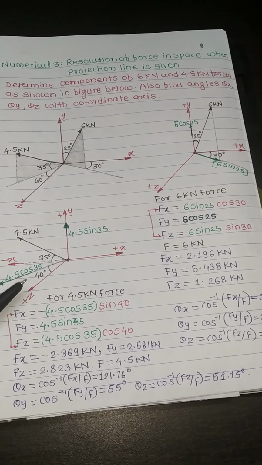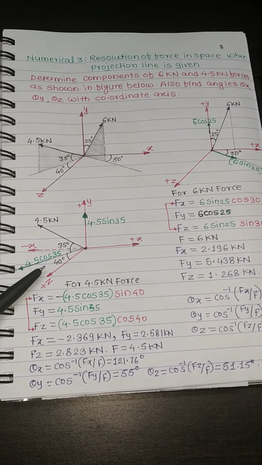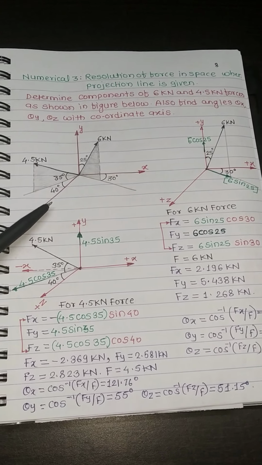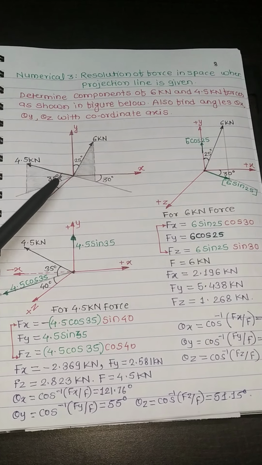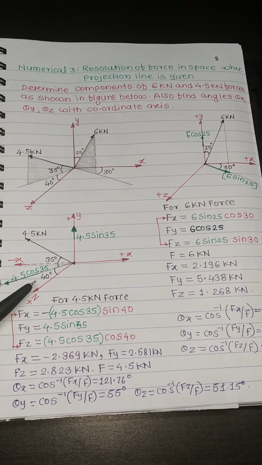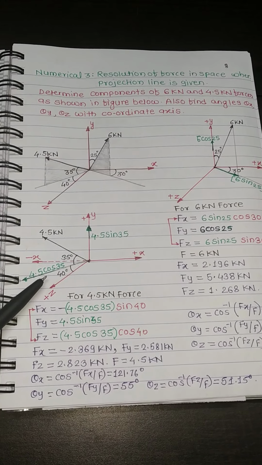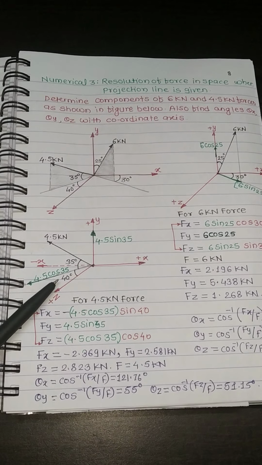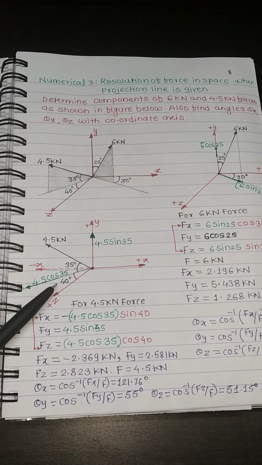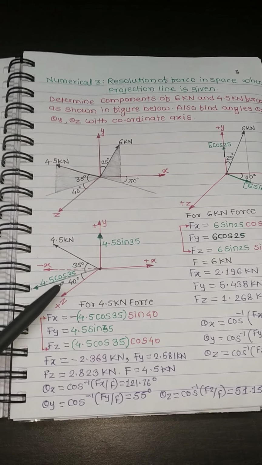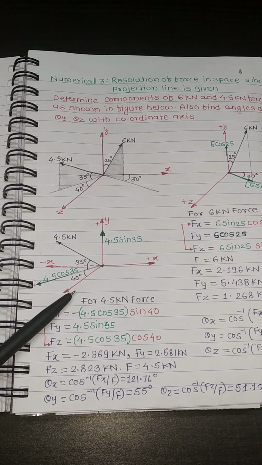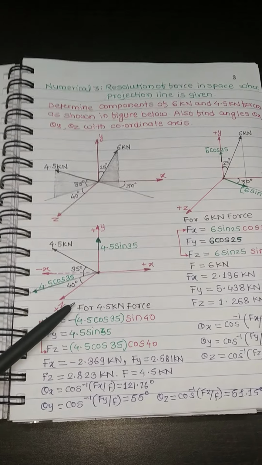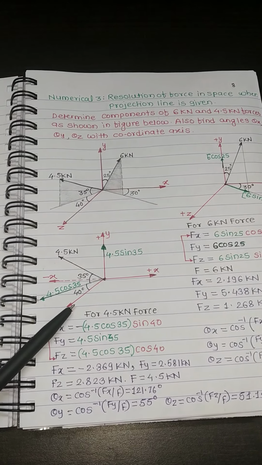Then observe which two axes the projection line is between. Here you can see the projection line is between positive z and negative x. So when the force component 4.5 cos 35 is acting along the projection line, we have to define this force magnitude in between negative x and positive z axis also. So find the projection line's angle with which axis. Here the projection line's angle is with the z axis.